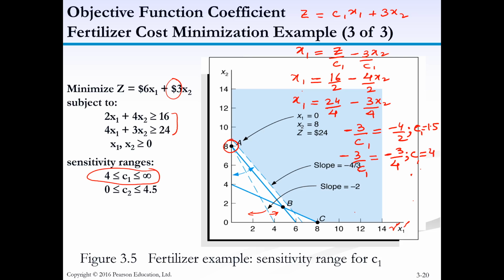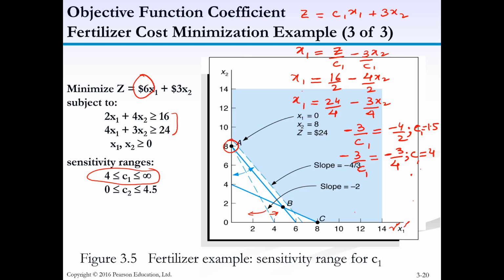Now you can see that the original value of the cost of variable x1 is 6, and we are getting the coefficient values 1.5 and 4. Both are downward. We didn't get any on the upward side, which means that we can increase the value to infinity and we can decrease up to 4 or up to 1.5.